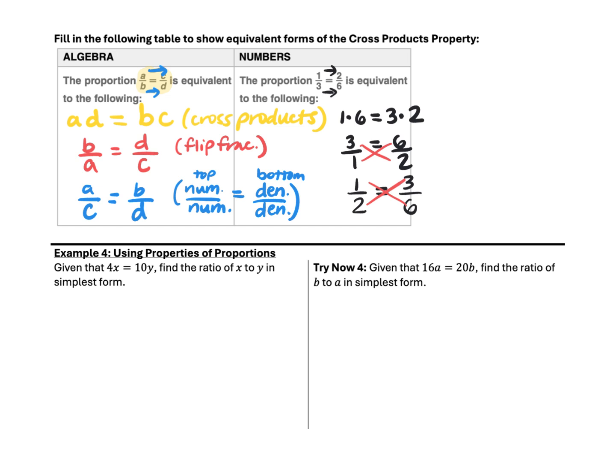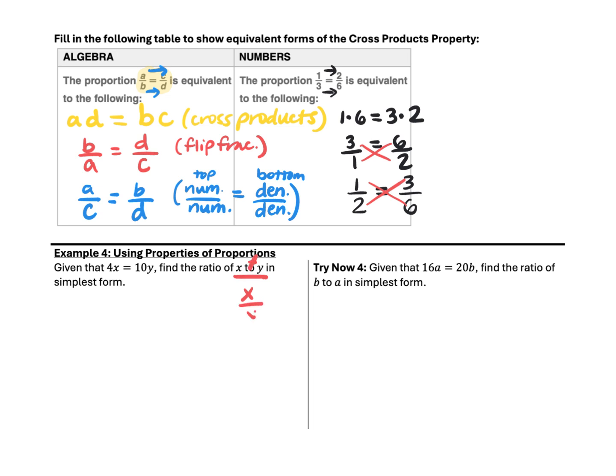All right, so let's go ahead and look at the next example here. We're given 4x equals 10y, and we want to find a ratio x to y. So for this one, for a ratio of x to y, the "to" is the fraction bar.